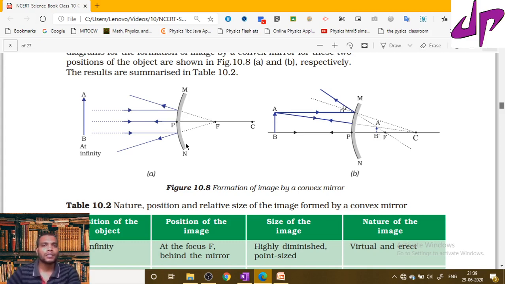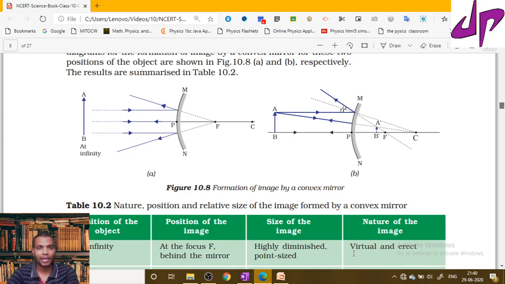That image is known as a virtual image. If the object is at infinity, the position of the image is at the focus behind the mirror, the size of the image is highly diminished, meaning point size, and the nature of the image is virtual and erect.